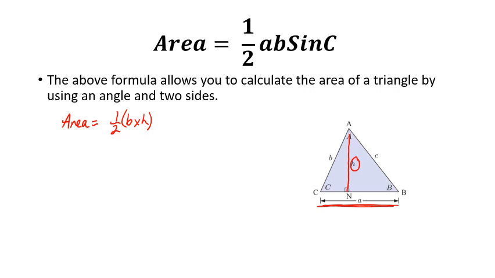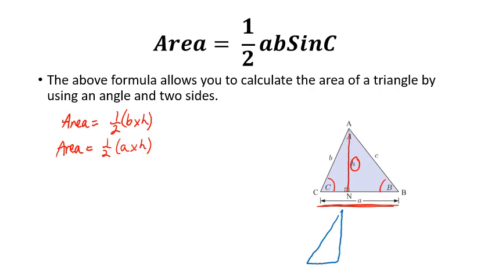So the area would be a half a times h. But we don't know what h is in this particular case, but what we are given is some angles here and here.